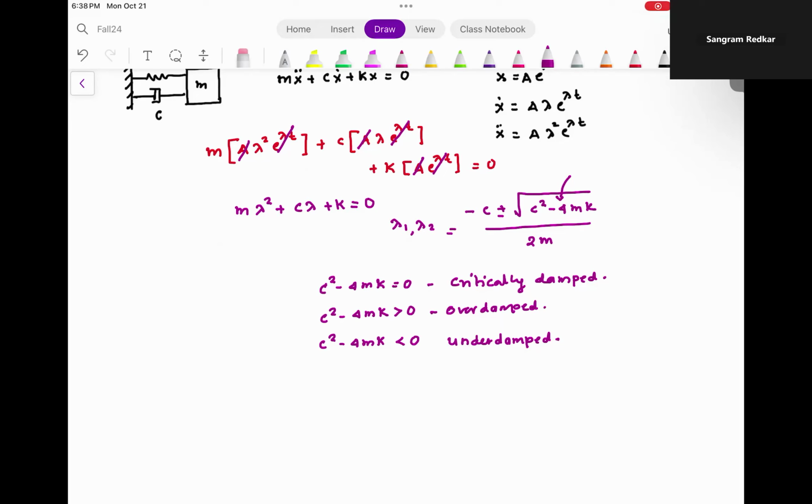If the rate of change of energy is decreasing, which means energy is going down, down, down, then the system is going to become stable at some point of time. Or if the energy rate is increasing, that means the system is becoming unstable. So that is what we discussed in the last class.